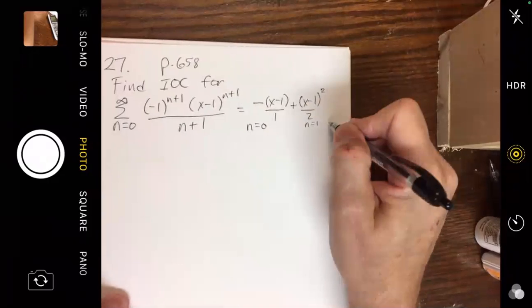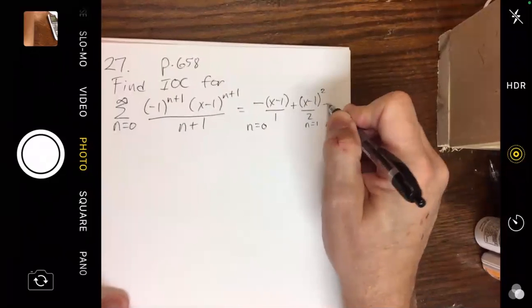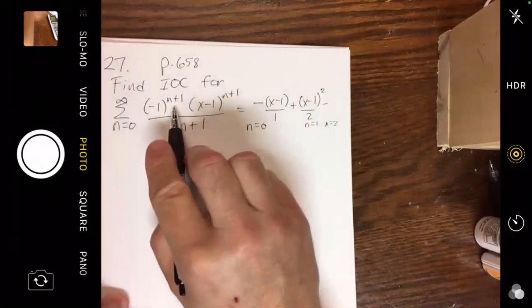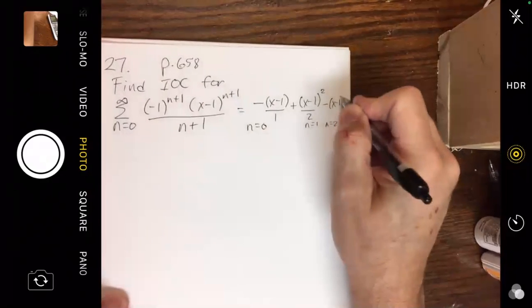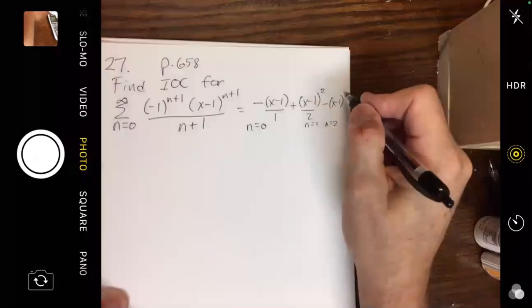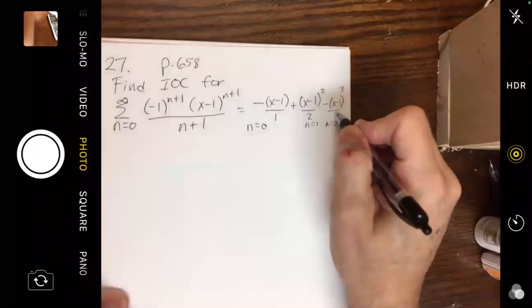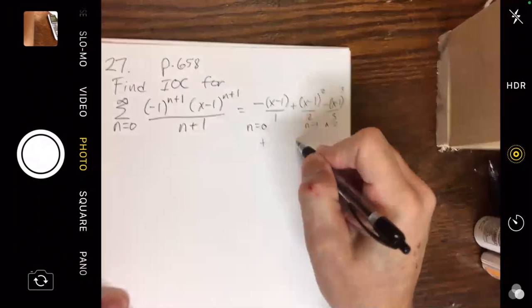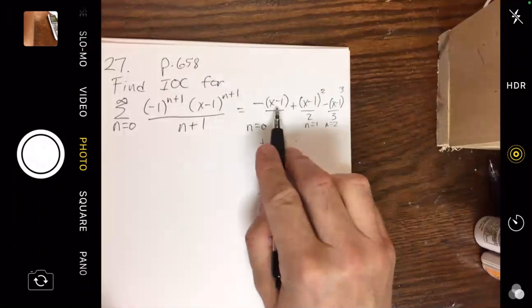And one more, n equals 2, should turn back negative, because you'd be at 3 there: (x minus 1) to the third over 3. So it's an infinite series that looks like that. It's centered at 1.